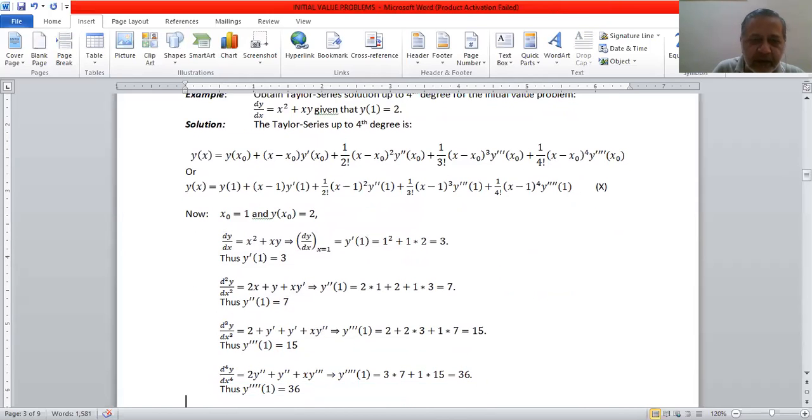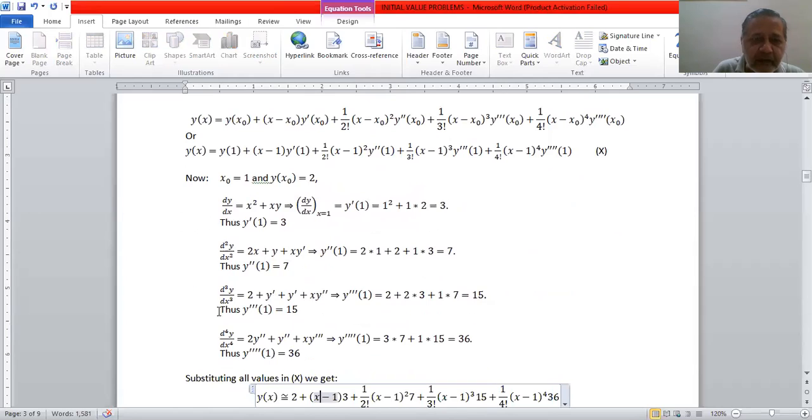Let us see step by step. At x is equal to x naught, which is 1, y की वैल्यू हमें 2 दी हुई है. तो इसका मतलब है I can write down y at 1 is equal to 2, that I will use here.